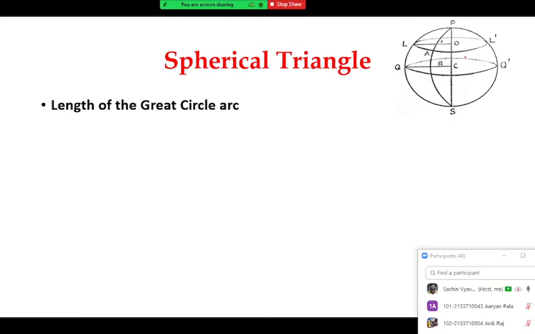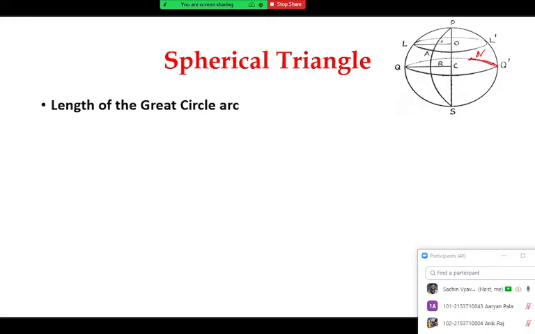Let me take two points. One is the Q dash point, and P is already there, so I will take N. So NQ dash, you will see there is a small arc, NQ dash.